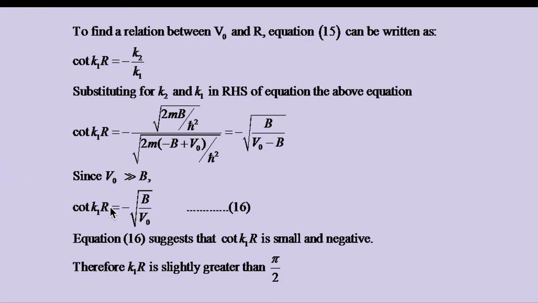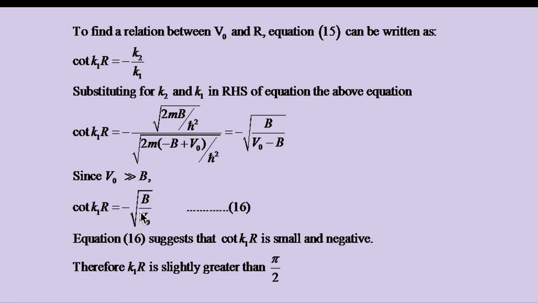And V0 is the potential, and we have already mentioned that the binding energy of the deuteron is very small. So you can neglect B in comparison with V0, since V0 is much larger than B. That means your cot K1R can be written as minus root of B by V0. This equation number 16 suggests that cot K1R is small and negative.